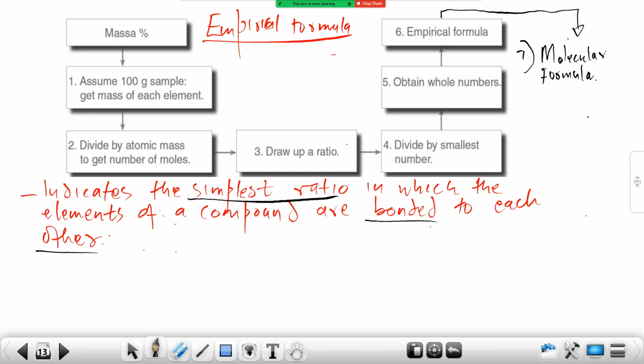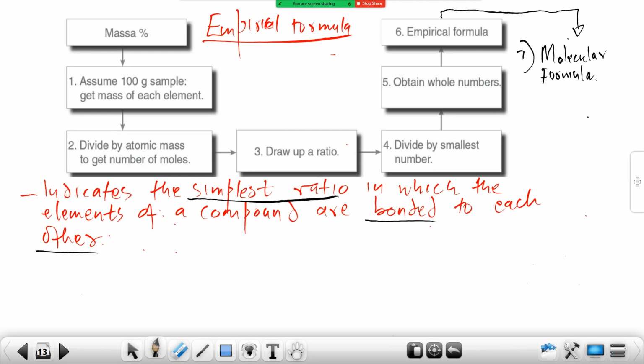How is it a bonus? It's a bonus because some information relating to this molecular formula will be given. So from the empirical formula that I have, I can easily get the molecular formula. So be on the lookout, because we are now in grade 11.